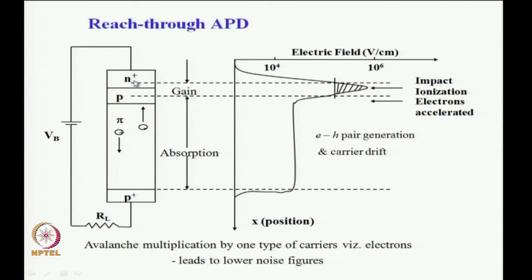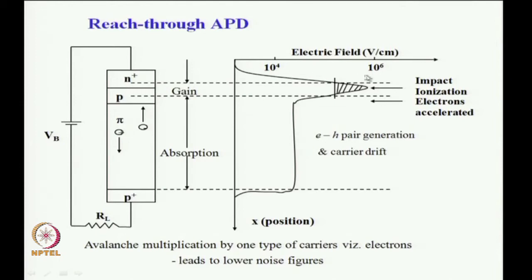Because of the large n plus, a reverse bias is applied here. Because of the high doping concentration, close to this junction we have a large density of immobile positive ions, because the electrons have migrated away.